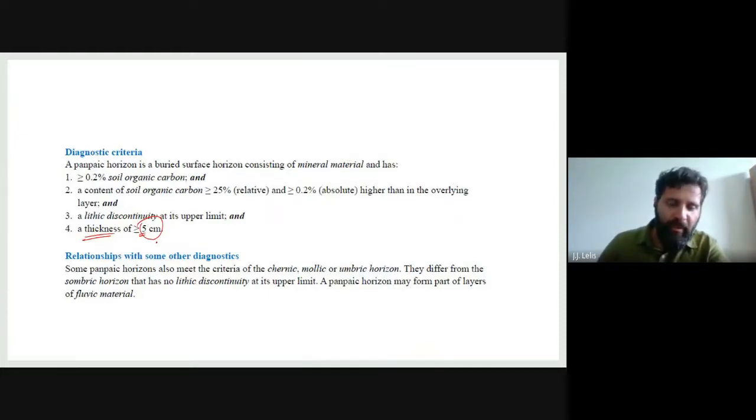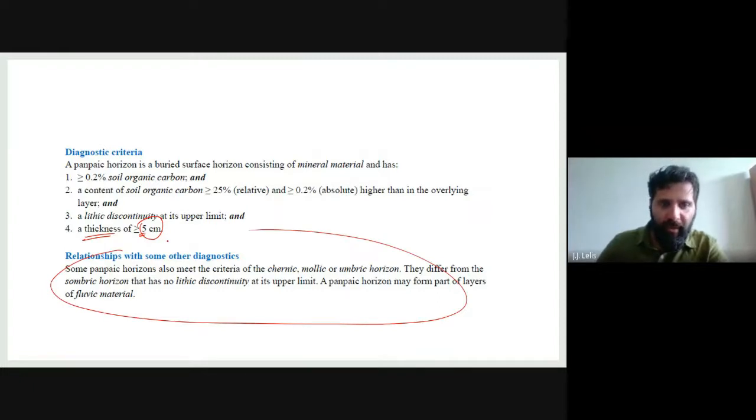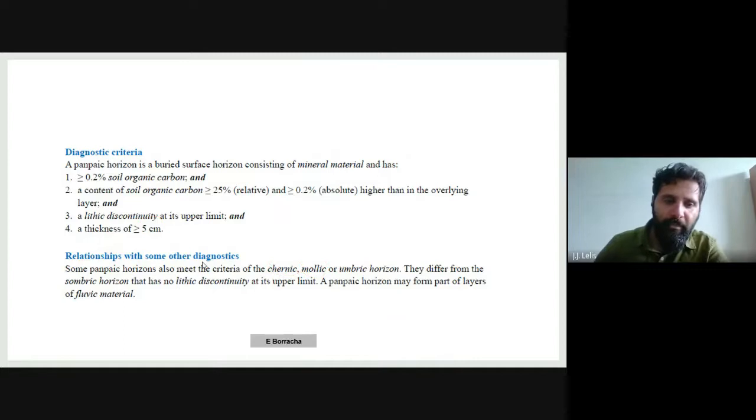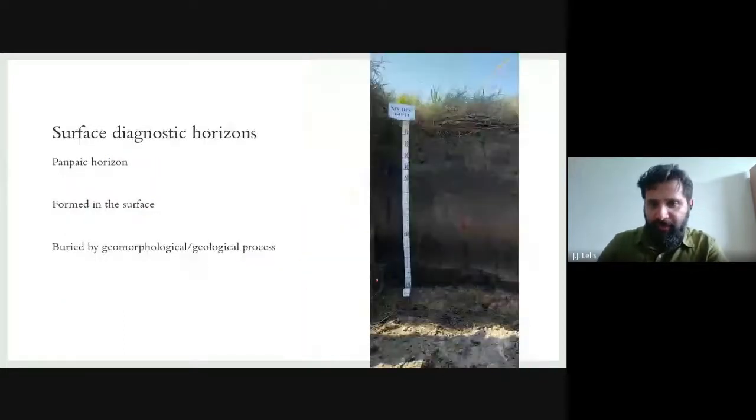So we have these materials that are related to a material that was buried. Like in this note, we can see some Pompeiic horizons that follow these definitions, but in this case, it should present the lithic discontinuity, okay? It should also present some material that buried this ancient A horizon.